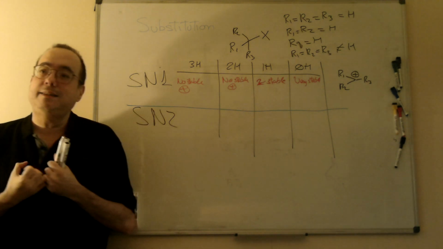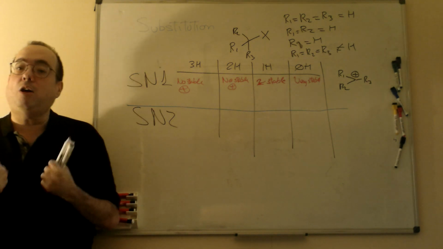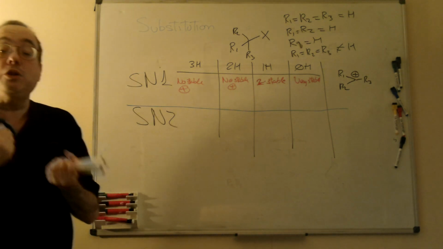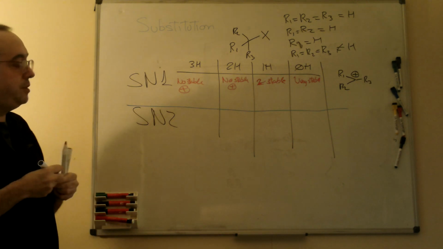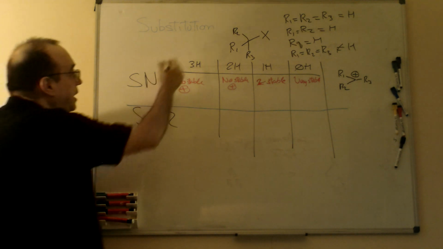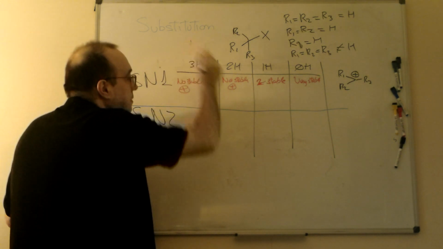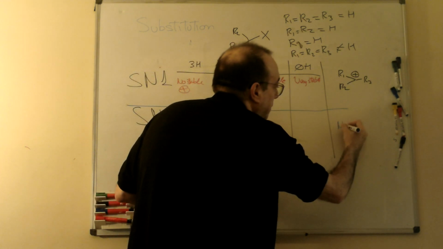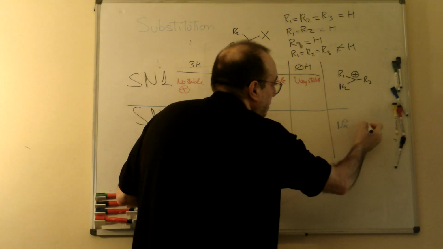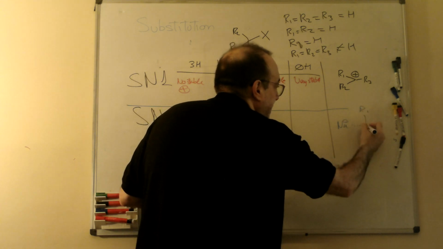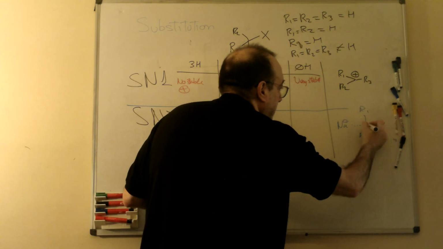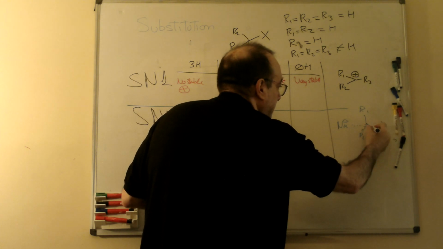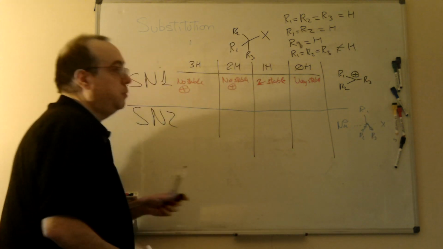Then we analyze the nucleophilic substitution bimolecular. What is the key of the nucleophilic substitution bimolecular? It is that the nucleophile is forming the bond at the same time that the leaving group is departing, or we are breaking this bond.